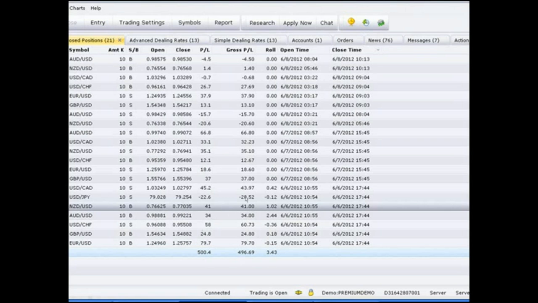Like an idiot, I traded the JPY. I don't know why. I hate that currency. I lost 28 pips, and the Canadian dollar right here paid me 49 pips. A total of roughly 230 pips for the day.